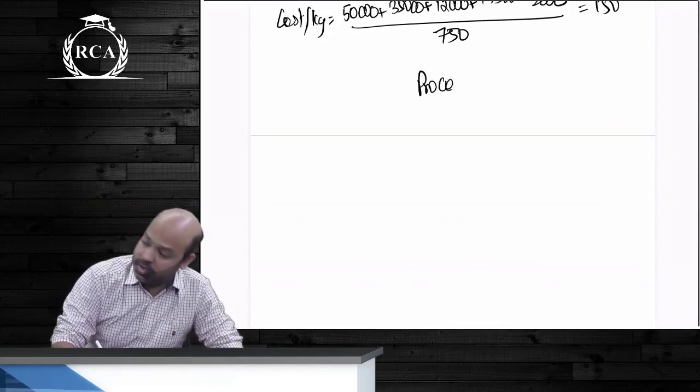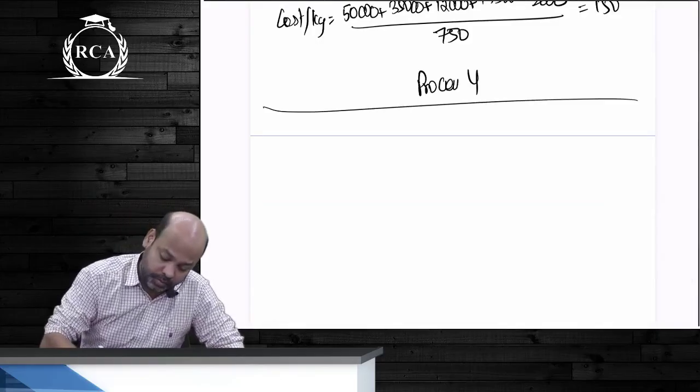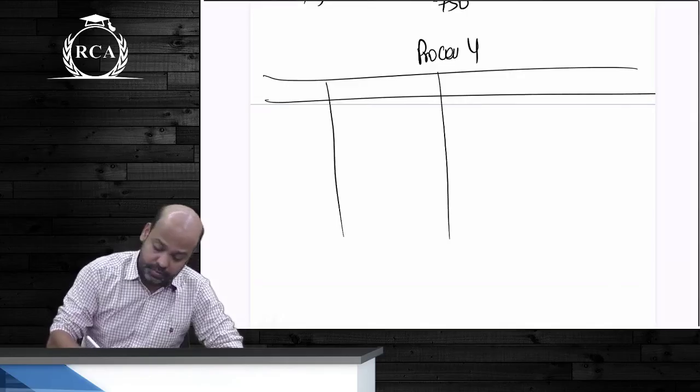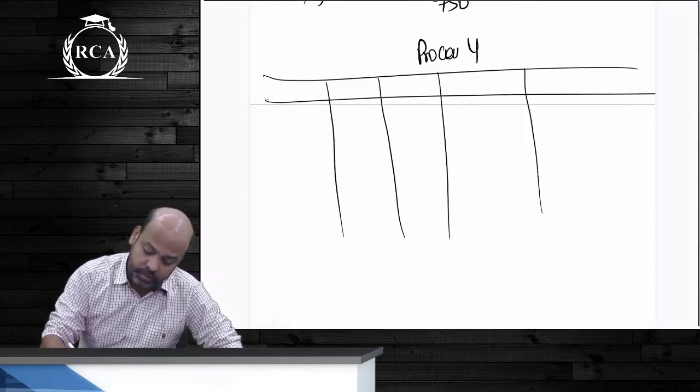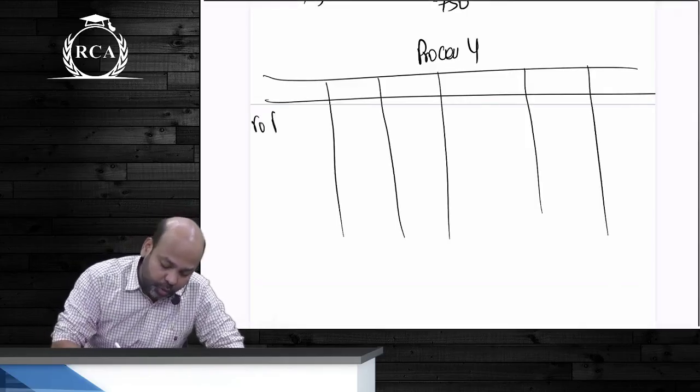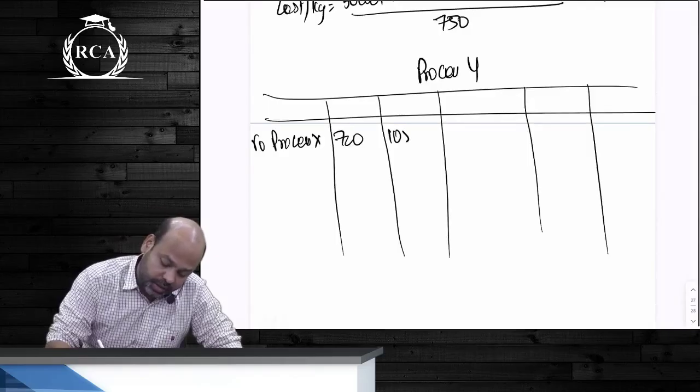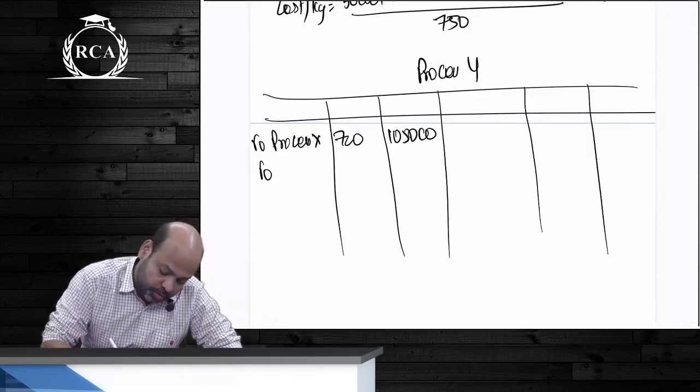Process Y. In process Y you'll write to process X, guys. How many units? 700 kgs received at an amount of 1,05,000. To materials, guys.